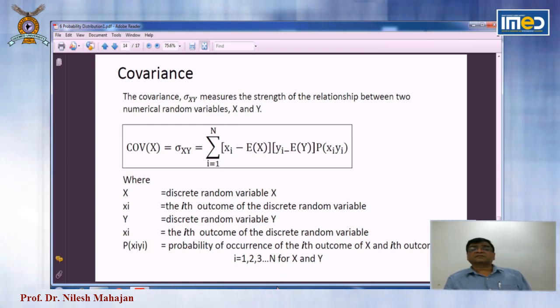Now my next part is covariance. The covariance measures the strength of the relationship between two numeric random variables x and y.